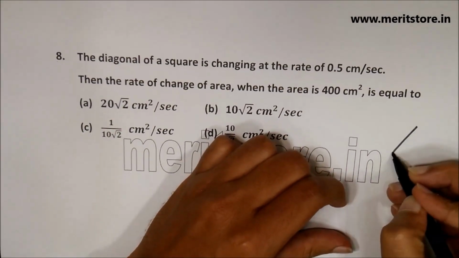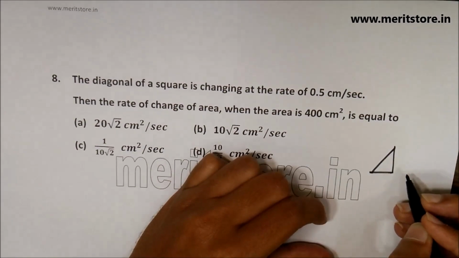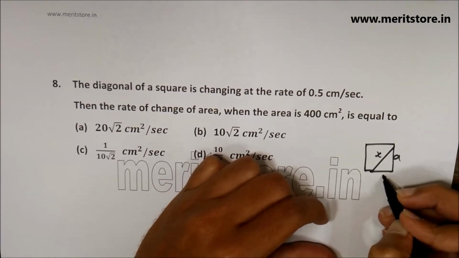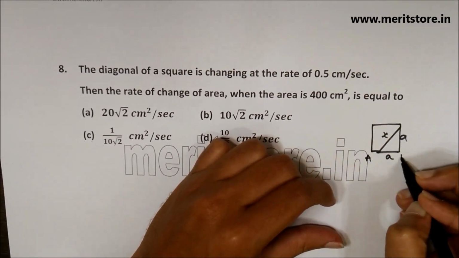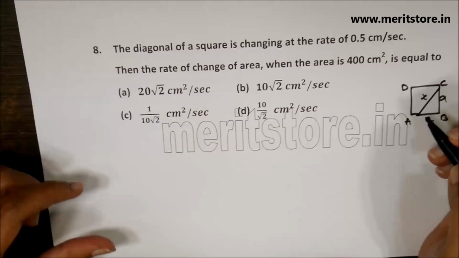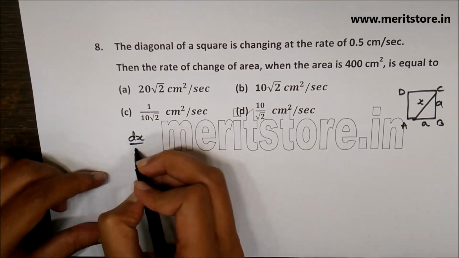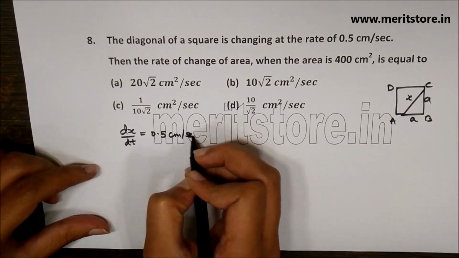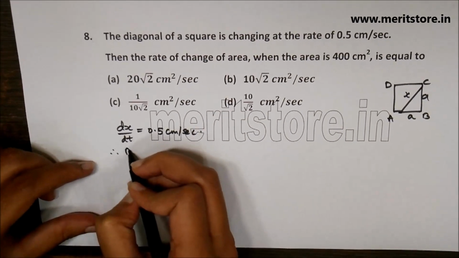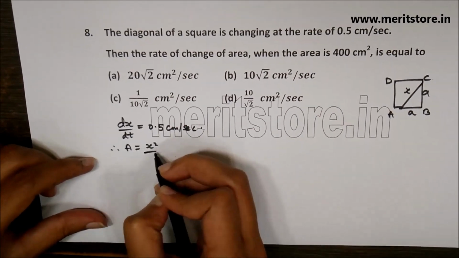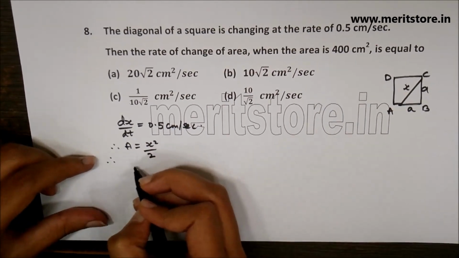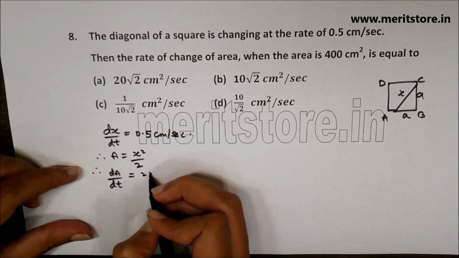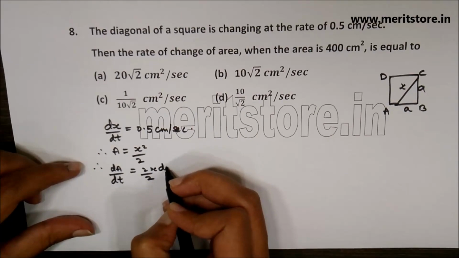So let's draw the diagram for our square. x is the diagonal, and a are the sides of the square A, B, C, D. We know dx by dt is equal to 0.5 centimeter per second. This is the rate of change. Therefore, area is equal to x square upon 2. Differentiating this with respect to t, dA by dt is equal to 2x upon 2 times dx by dt.